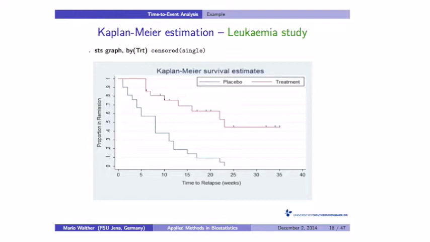From the plot you can deduce the maximum observation time in each group. In the placebo group, the maximum observation time was about 35 weeks, and in the treatment group, this was about 23 weeks. We only need to look at the end of the survival curve to deduce the maximum observation time in each group.